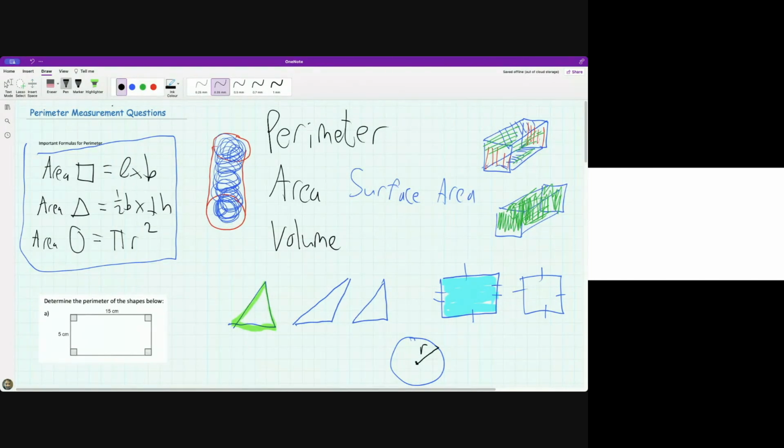Now, there is a special word that I want to mention, which is the perimeter of a circle. What is the special word for the perimeter of a circle? Pop it in the chat if you know what it is.